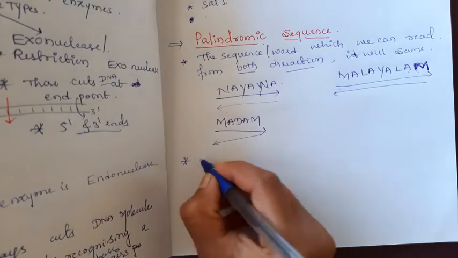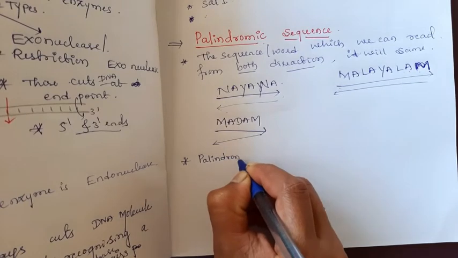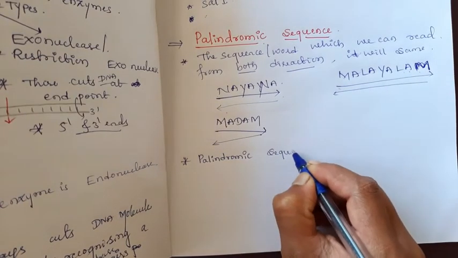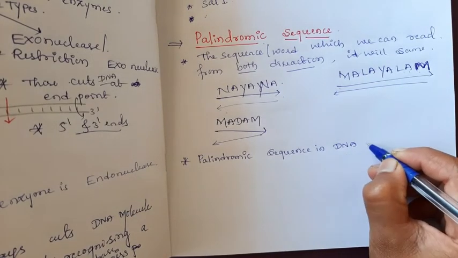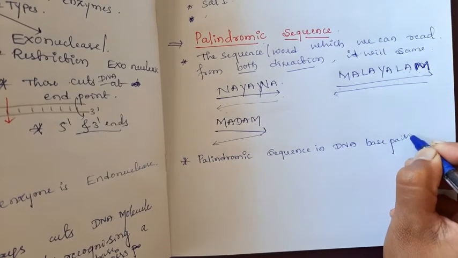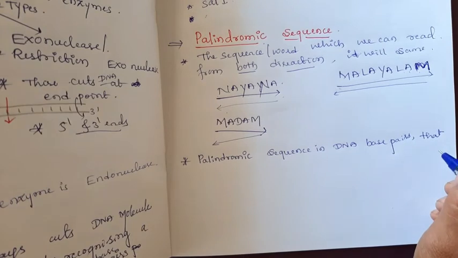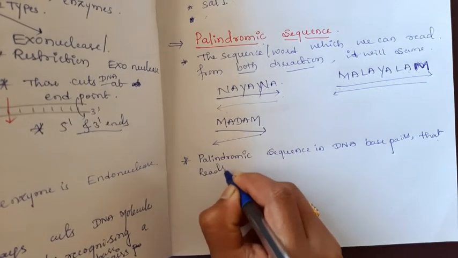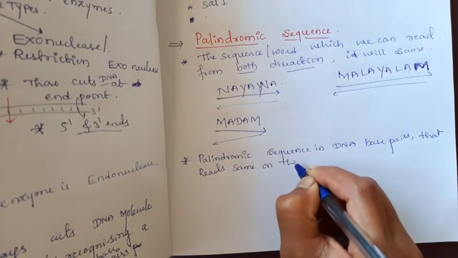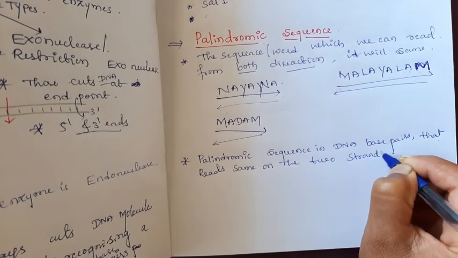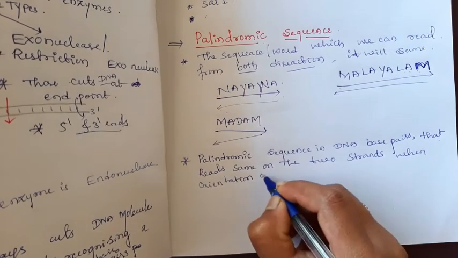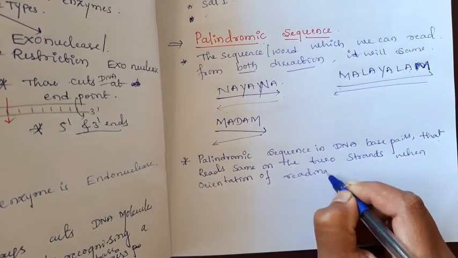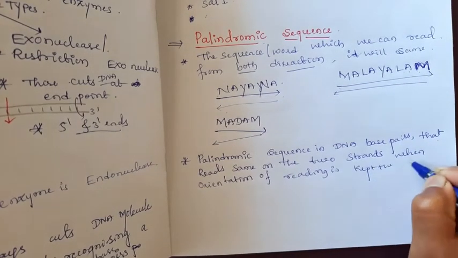Okay, I will write here: palindromic sequence in DNA, base pairs that read the same on the two strands when the orientation of reading is kept the same.